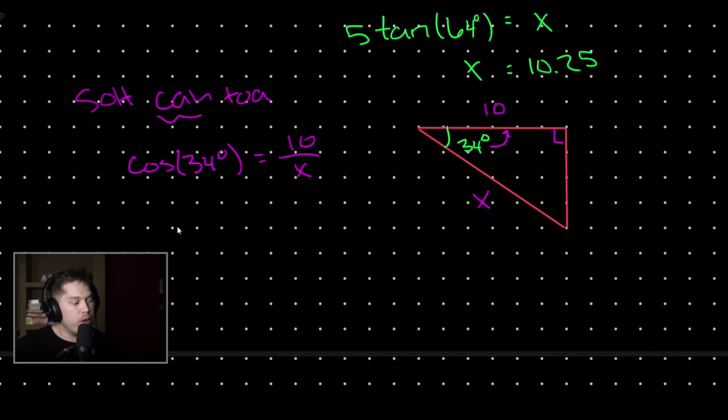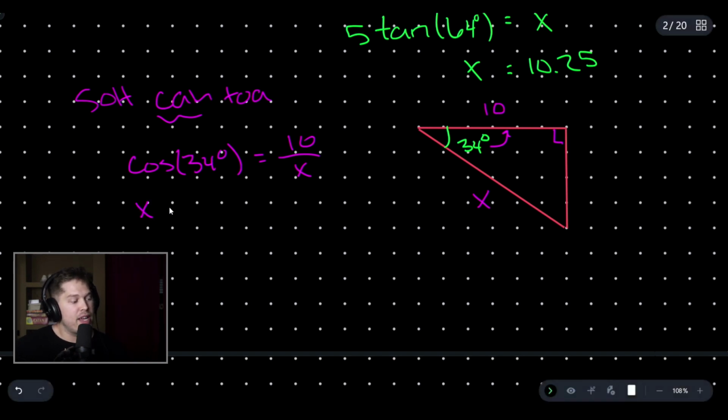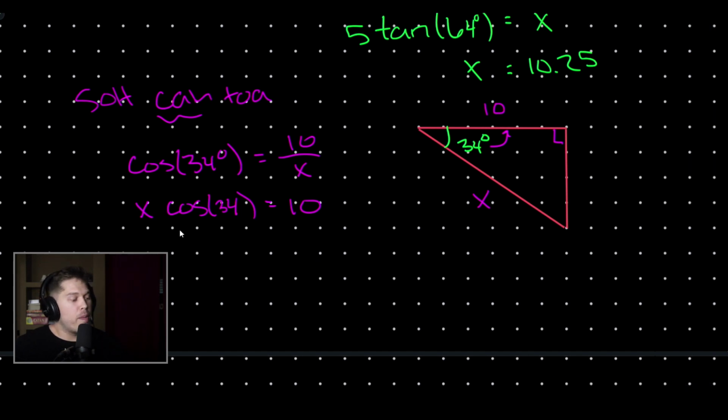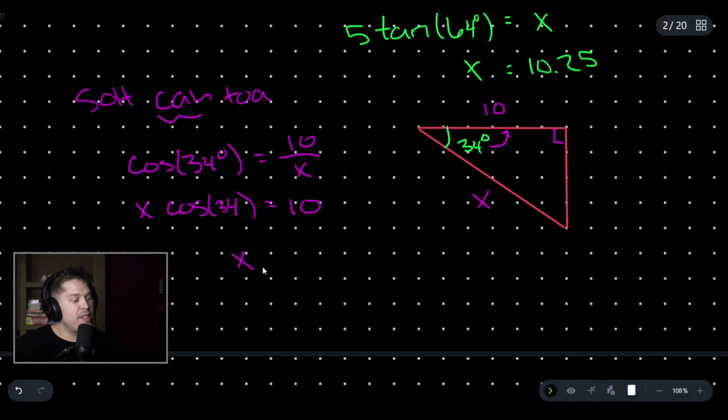Now we just need to solve for x. So we can multiply both sides by x to have x times the cosine of 34 degrees is equal to 10. And then we can divide both sides by cosine of 34 degrees to have that x is equal to 10 divided by the cosine of 34 degrees. Now from here, we can simply plug it into our calculator.